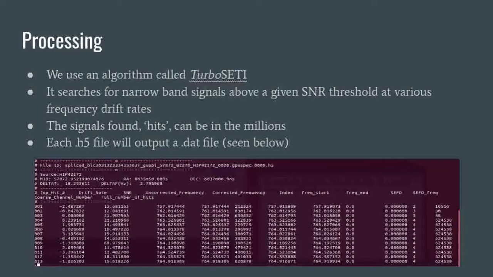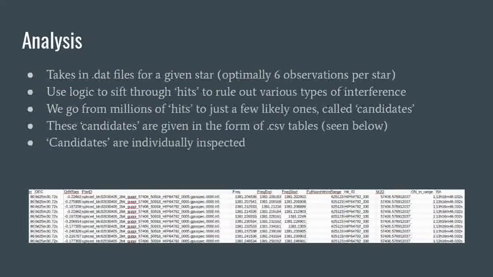It shows the drift rate, the SNR, the frequency, the strength of the signal, information about the specific observation, such as RA and DEC, the time it was taken. And like I said, there will be tons and tons of hits for one given observation. And all of these need to be sifted through in the following step, which is called analysis.